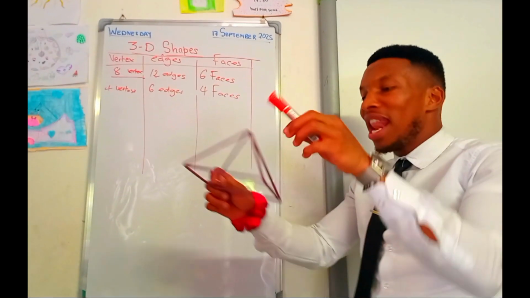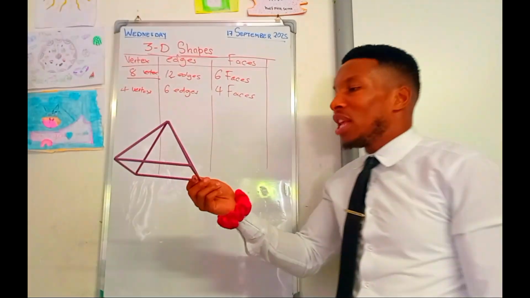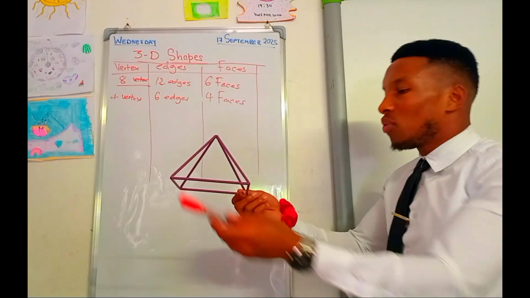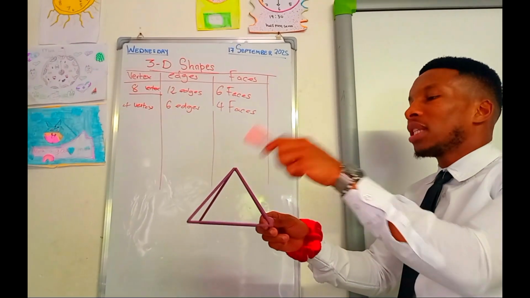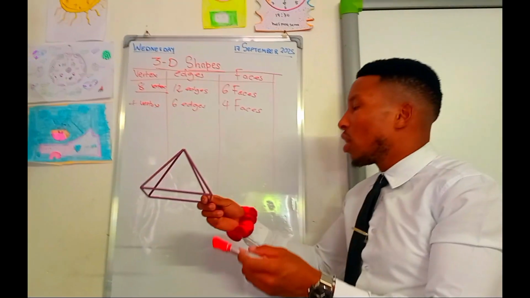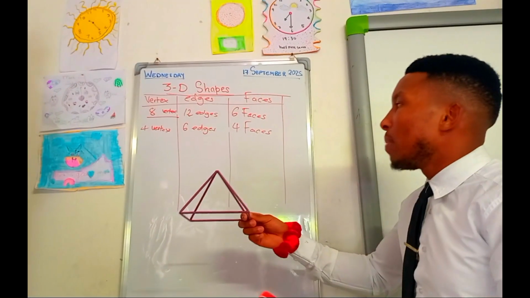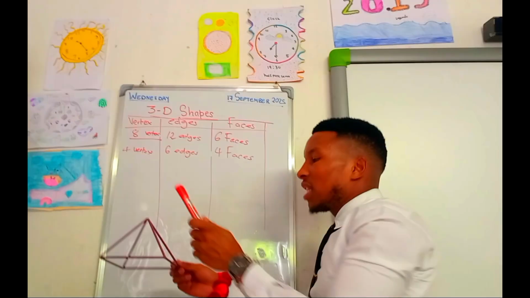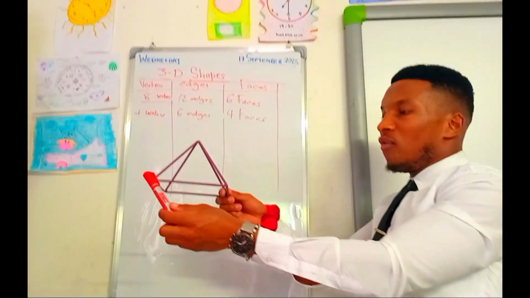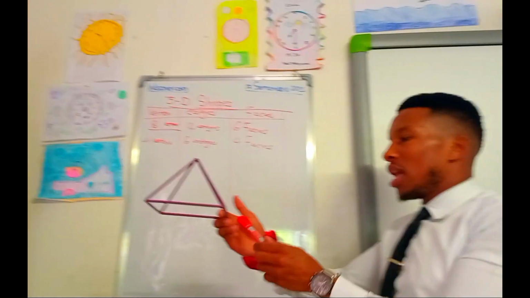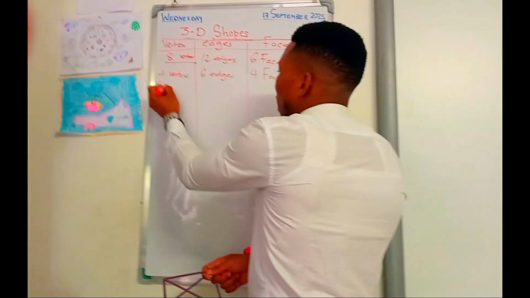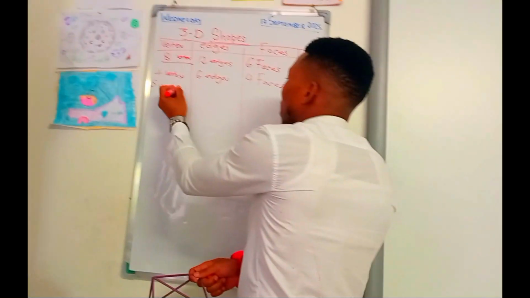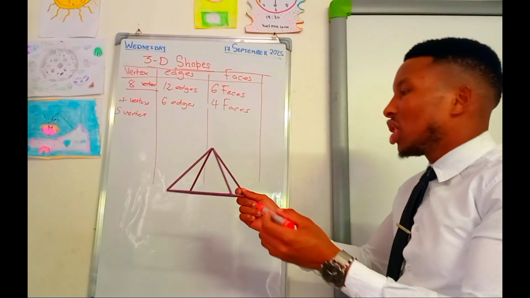Then we have the last one, which is a square base pyramid. Why is it a square base pyramid? Because the base is a square, and you have only one apex. Therefore, we call it a square base pyramid. Alright, let's go. How many vertices do we have here? We have 1, 2, 3, 4, 5. We have 5 vertices. Then how many edges do we have?